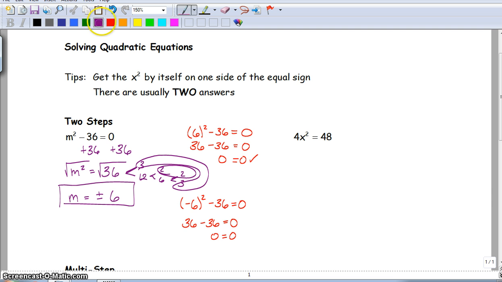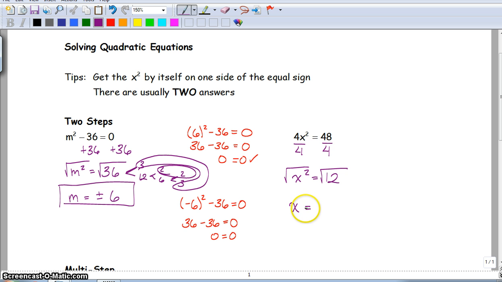So now the second one. I have 4x squared equals 48. I want the x squared by itself. So in this case, since I'm multiplying by 4, I'm going to divide both sides by 4. So x squared equals 12. The opposite of squaring is taking the square root of both sides.